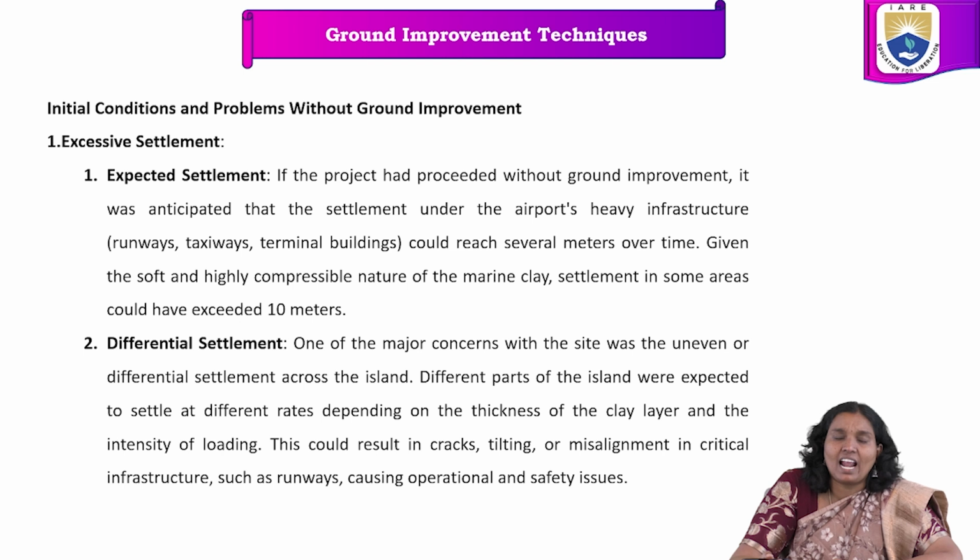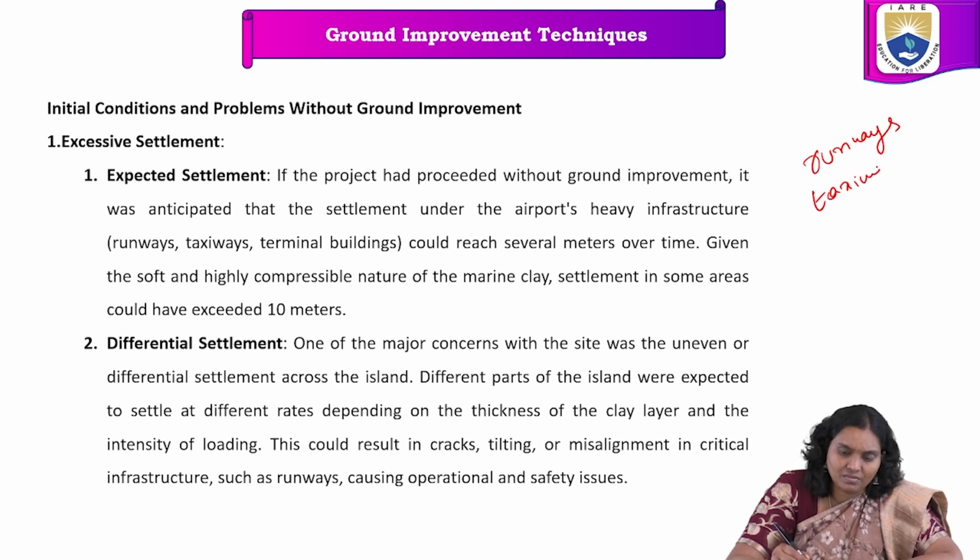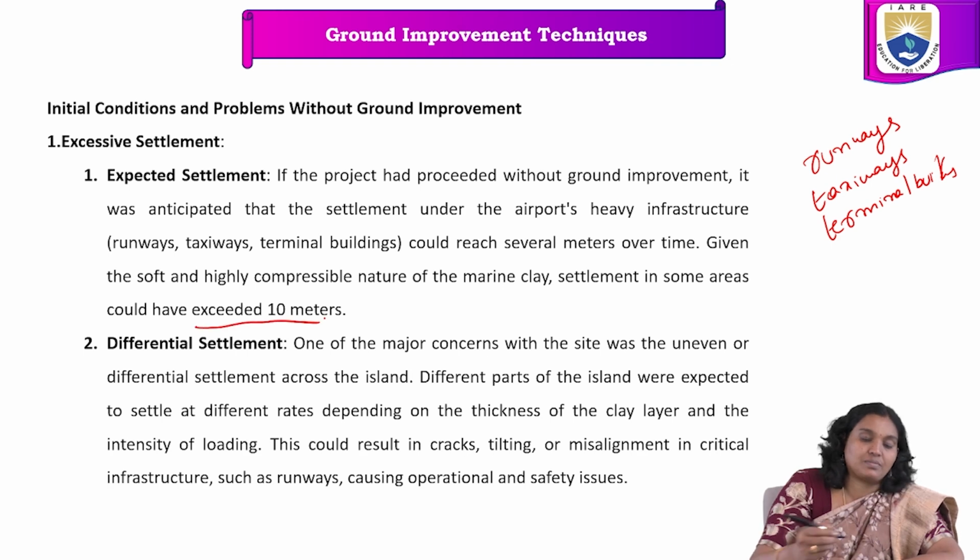So if the project had proceeded without ground improvement, it was anticipated that the settlement under the airport's heavy infrastructure like runways, taxiways, and terminal buildings could reach several meters over time, given the soft and highly compressible nature of the marine clay. Settlement in some areas could have exceeded 10 meters.